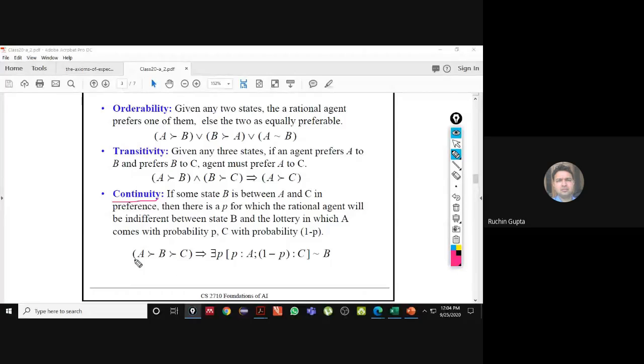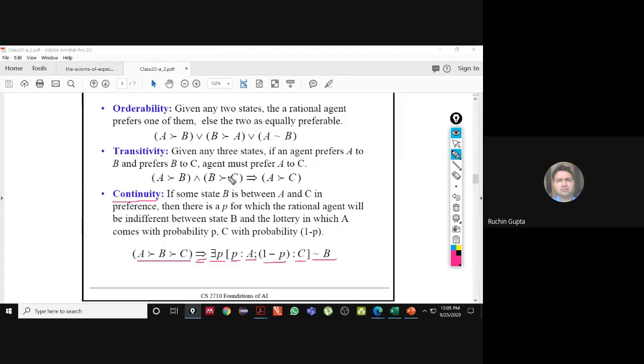So if A is preferred over B and B is preferred over C, then it implies that there will exist some value of probability P such that the lottery with A with probability P and C with probability 1 minus P is indifferent to B. What does it mean?